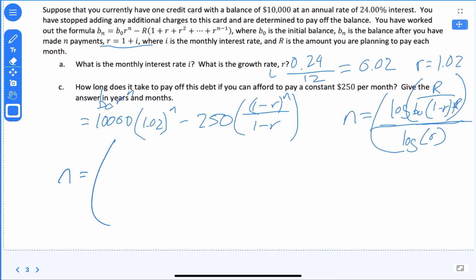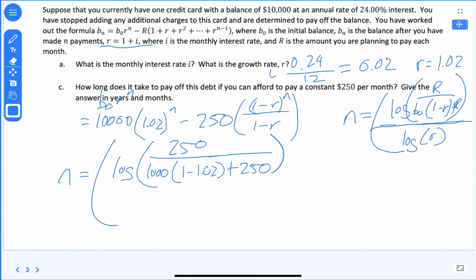So N would equal log of 10,000, over, no, R is 250 over 10,000 times 1 minus, what is little r? 1.02 plus 250, and then all that over 1.02.